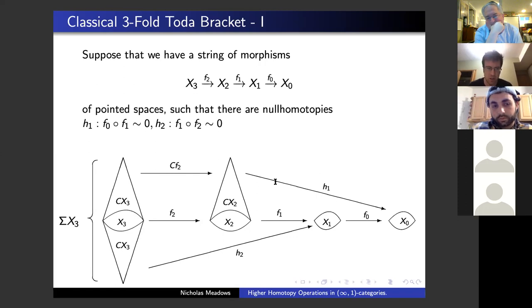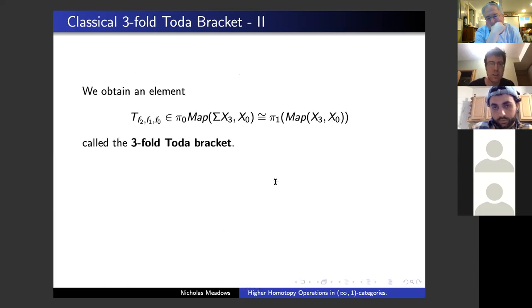The null homotopy H2 is given as a map from the cone over X3 to X1. And these glue together to give a map from the suspension of X3 to X0. This actually gives an element of the space of maps from the suspension of X3 to X0, and this is called the threefold Toda bracket.